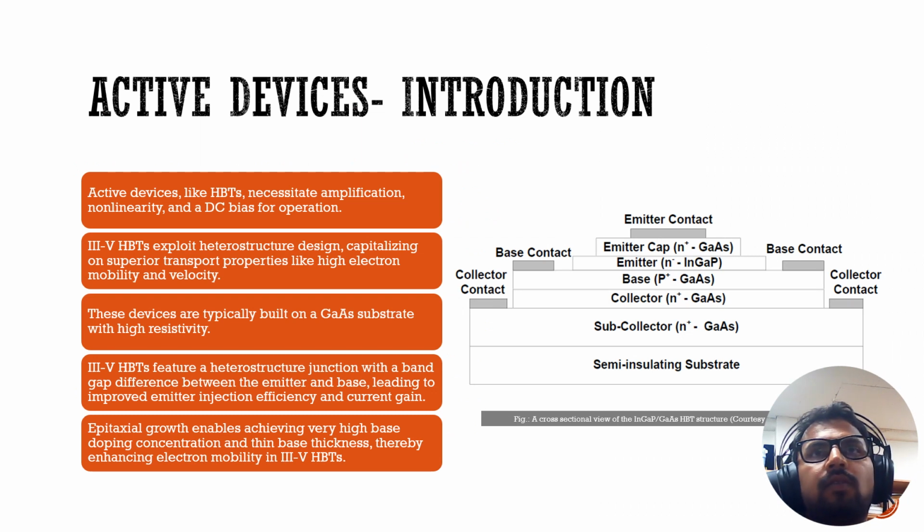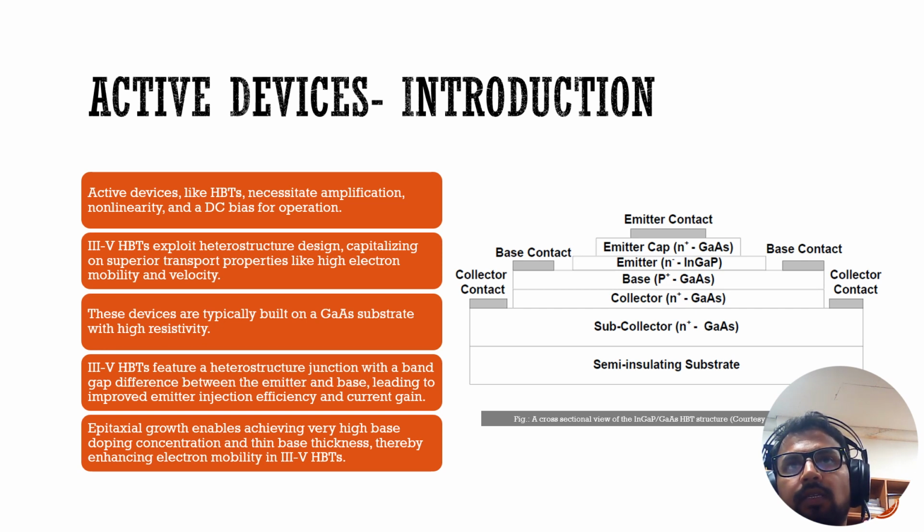Now let's talk about the active devices. We said that there are active and passive devices, so we now talk about the active devices. Active devices like HBTs necessitate amplification, nonlinearity, and a DC bias for operation, whereas HBTs exploit the heterostructure design, capitalizing on superior transport properties like high electron mobility and velocity.